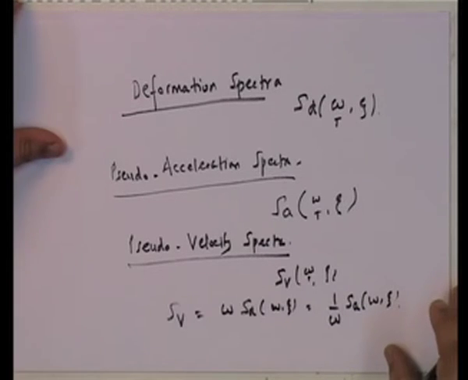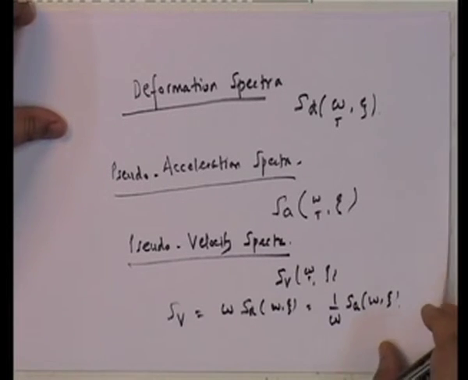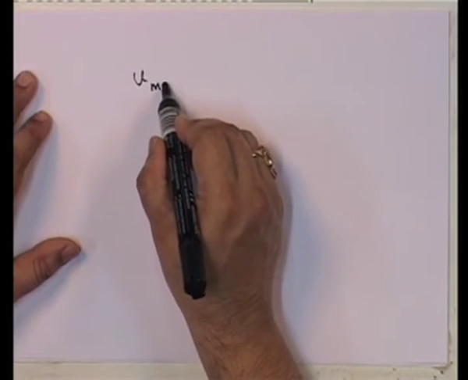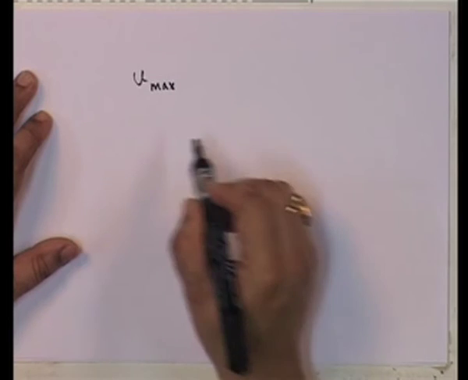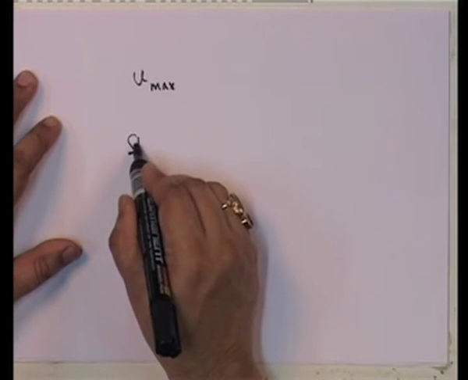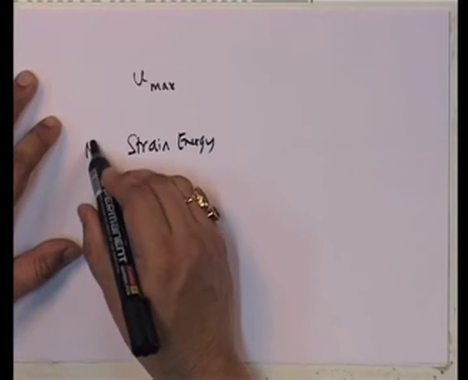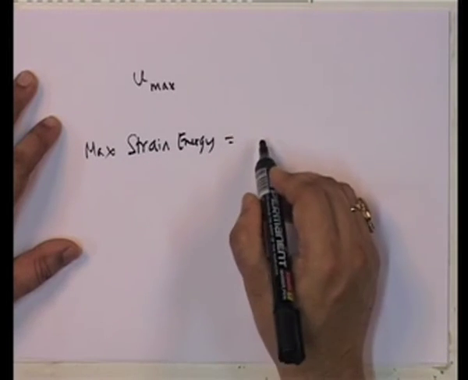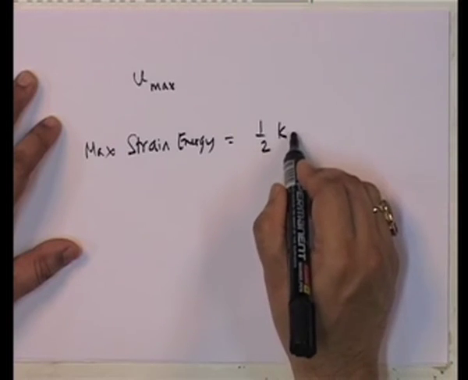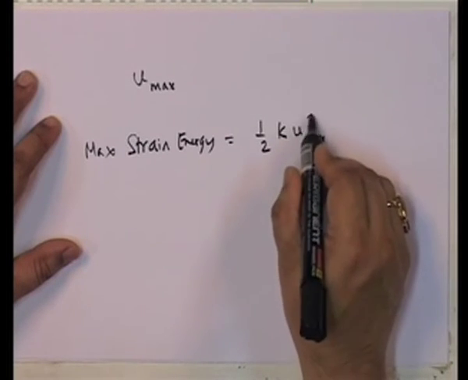So, what does S V have a reference to? If you really look at it, let us look at this: if you have U max, the displacement, I want to find out the maximum strain energy stored. What is that equal to? Half k into U max squared.